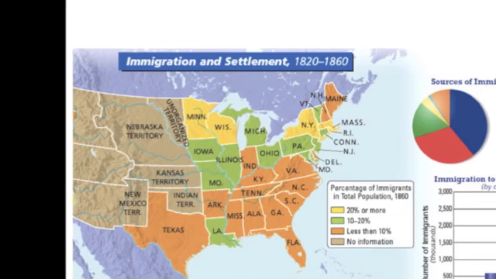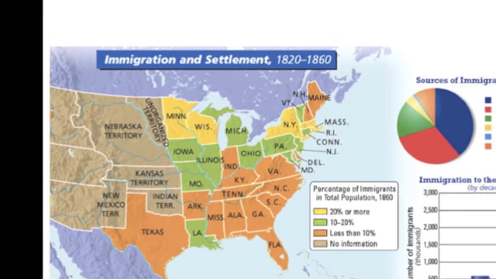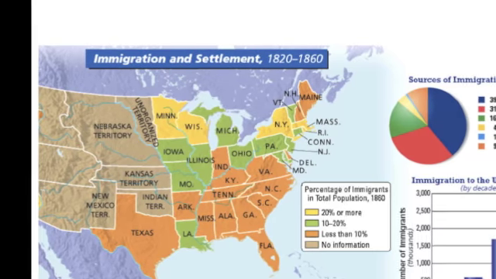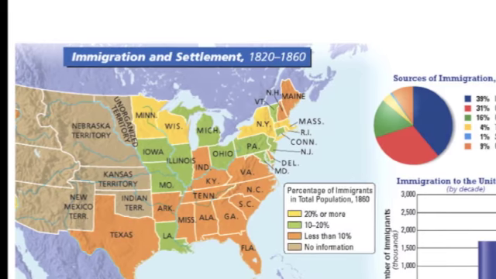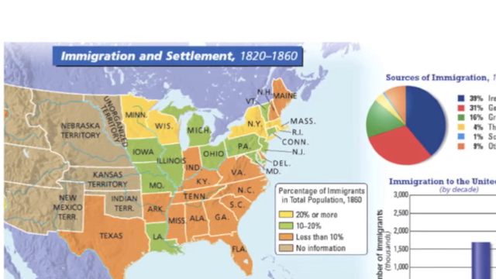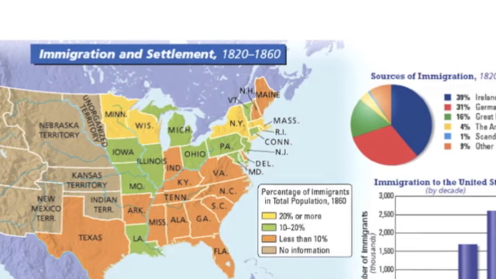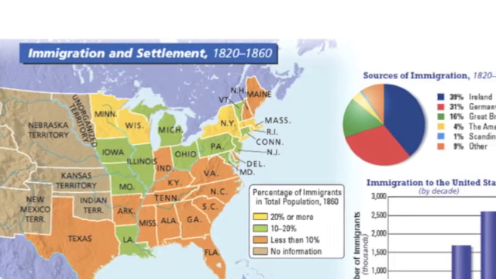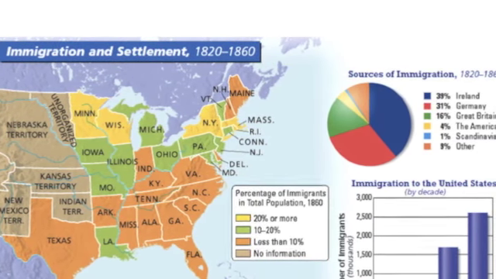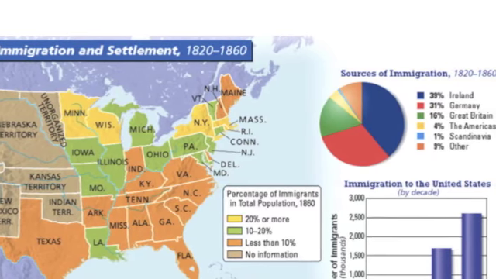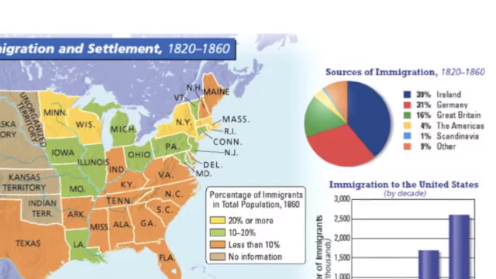Okay, so it's important to understand that the United States has always had a steady flow of immigrants coming to find work. If we look at the immigration statistics between the years 1820 to 1860, so right before the Civil War, the major industrial areas in the northeastern United States, like New York, Pennsylvania, and Ohio, had populations that were between 10 to 30% immigrants.